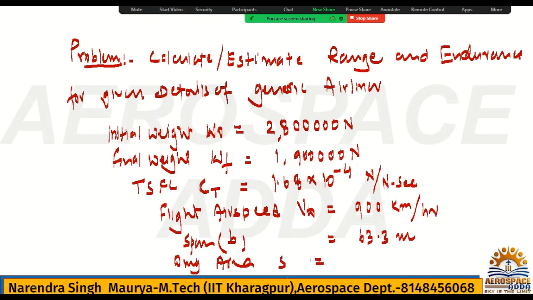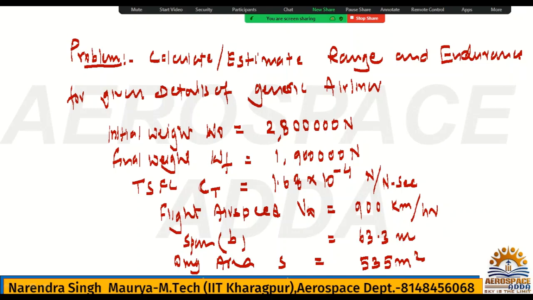Wing area S is given as 535 meter square.